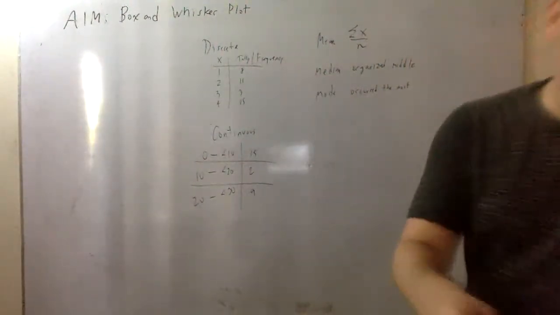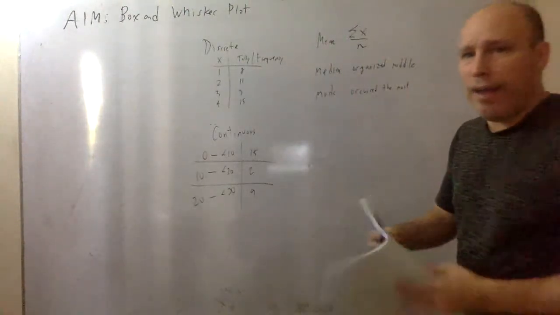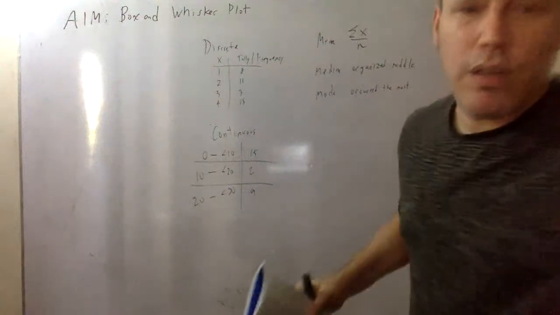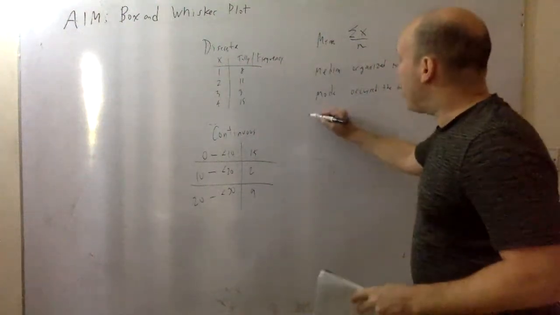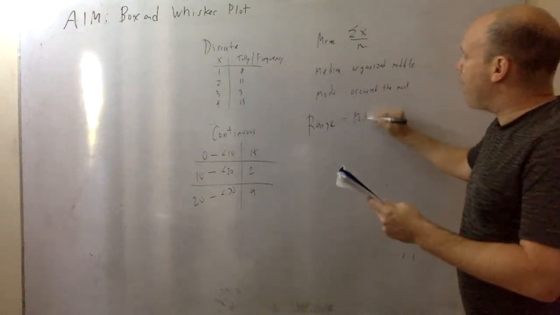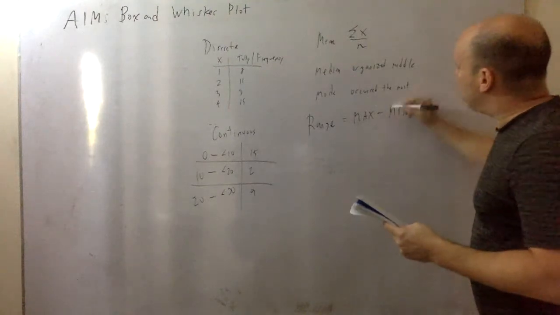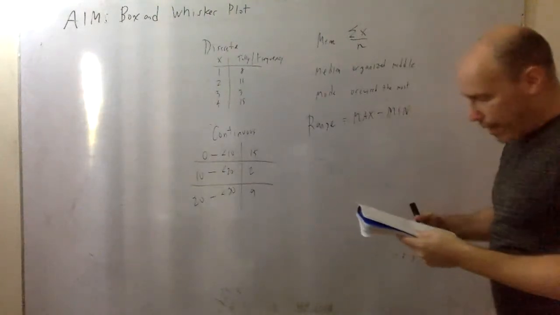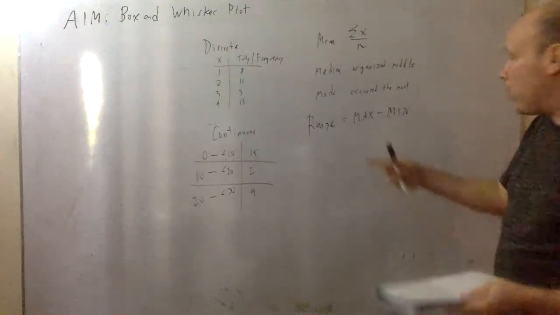Well, today let's talk about other ways. Today we're going to first define the range. New word, range. The range is the max minus the min. That's one way.